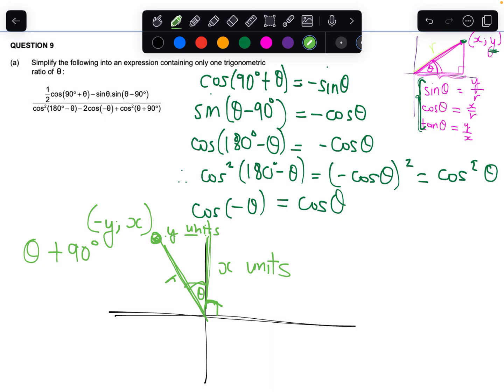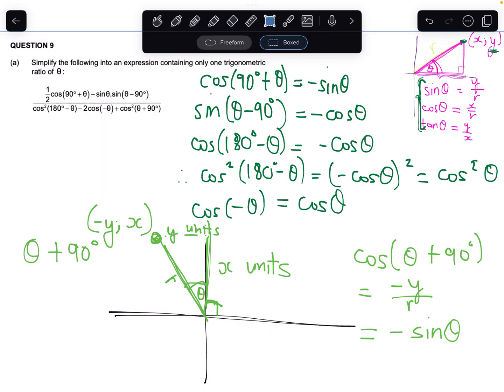And so cos of theta plus 90 will be this guy, minus y divided by this guy, which is r, which is the same as this guy, except it's negative. So it will be negative sine theta. Okay, right.